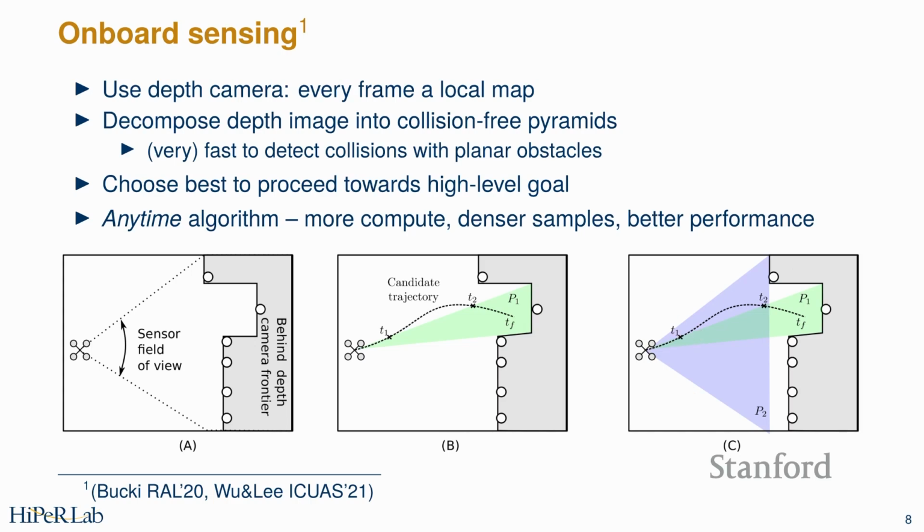So skipping those details, we can very quickly take a depth image and generate possible motion primitives inside this depth image that we can check for collisions. This allows me then to effectively use this depth image as a local map that I know is safe, and if I do planning in that, I should be able to do collision avoidance at this innermost control layer, where I also do things like disturbance rejection.